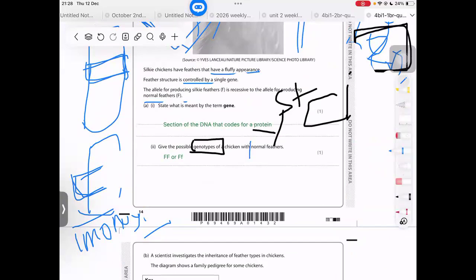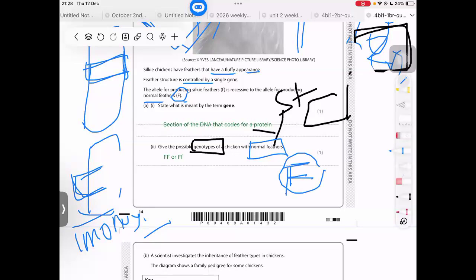If a chicken is going to have normal feathers, the allele for normal feathers is capital F. Usually a capital letter is written to indicate the dominant allele. There is a dominant allele and a recessive allele, and the dominant allele is always written in capital in genetics.